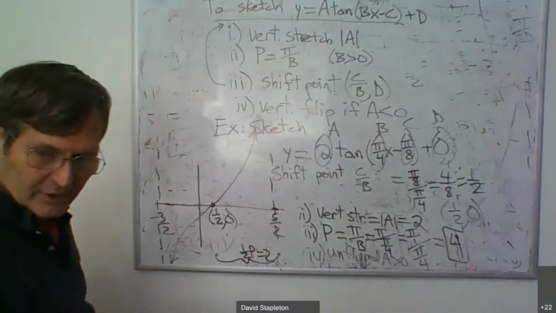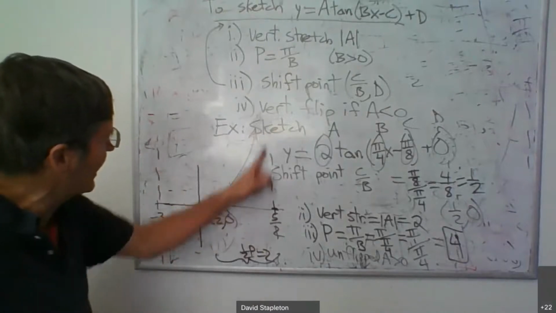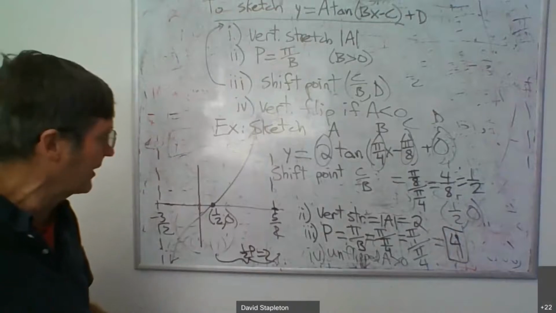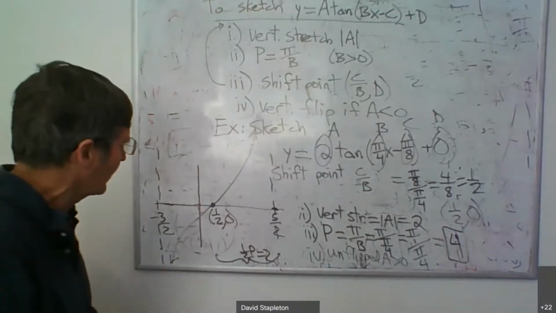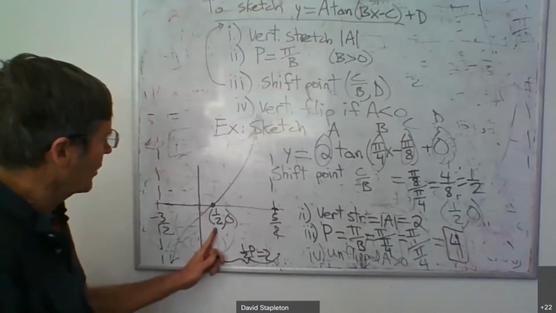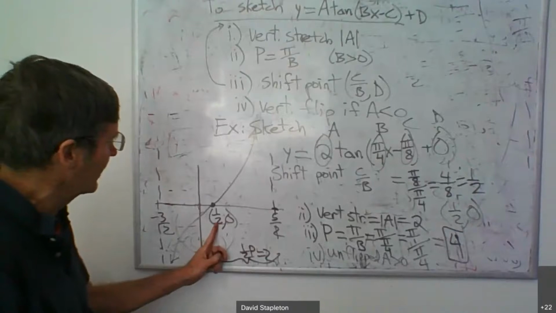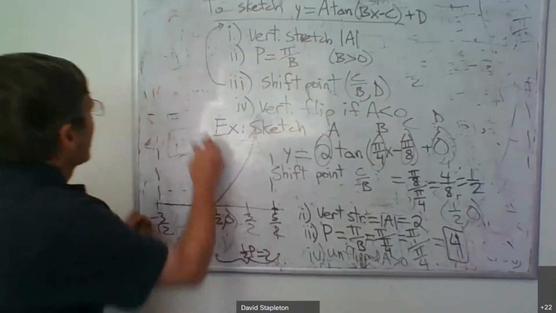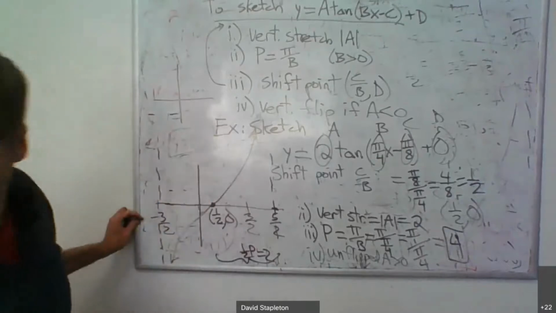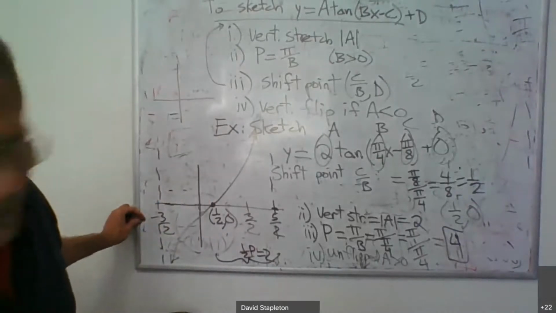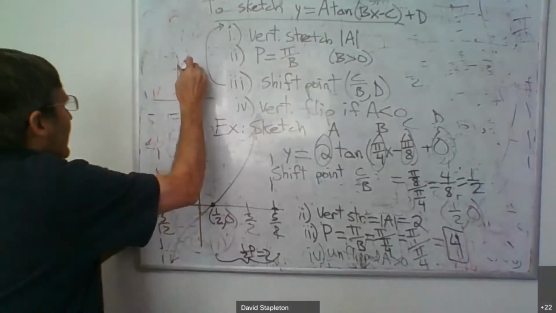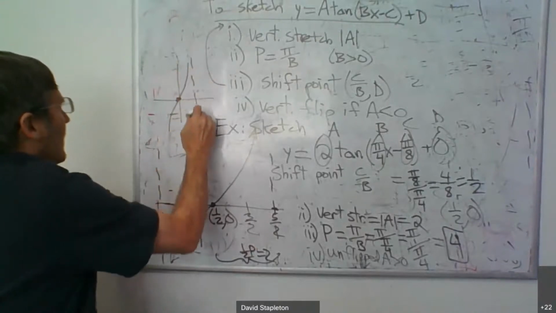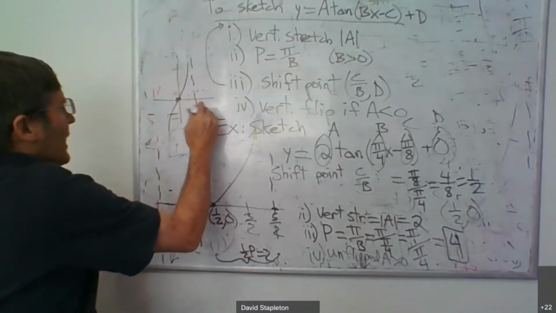But now there's this question of, well, maybe I should have drawn it flatter or steeper. How do I know? The one thing we haven't taken into account here: what is the vertical stretch? Well, I go halfway between these. Halfway between 1/2 and 5 halves is 3 halves. And I remember the original tangent graph. On the original tangent, here's pi over 2 where the asymptote is.